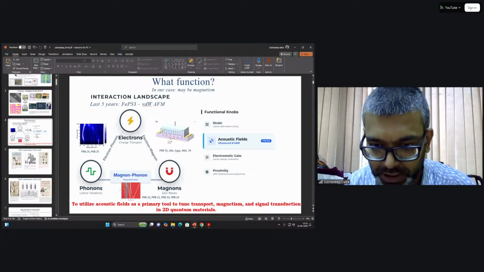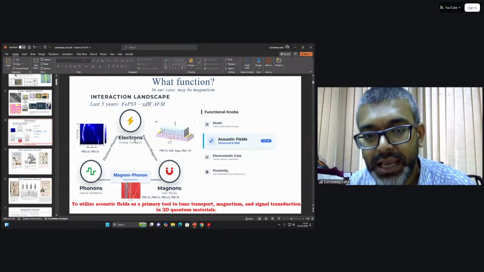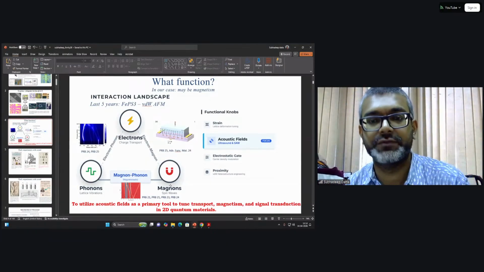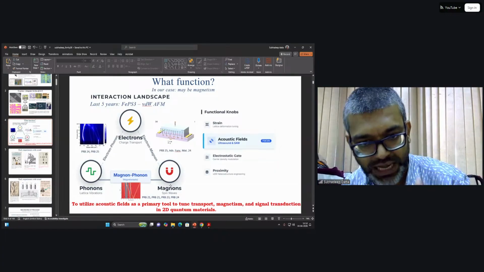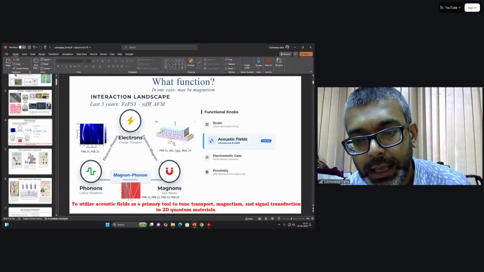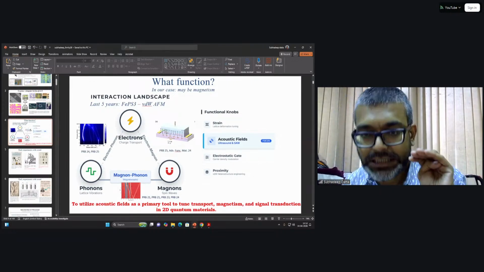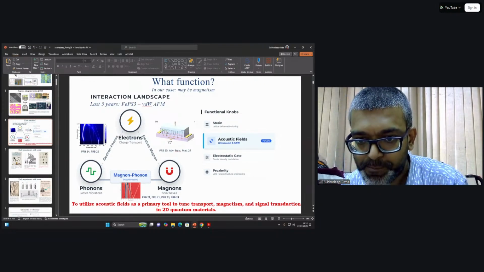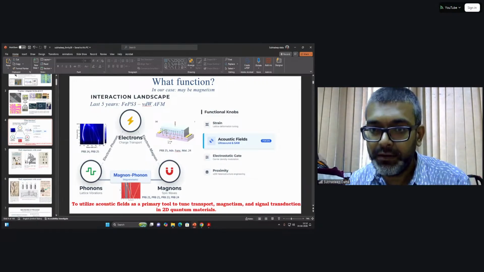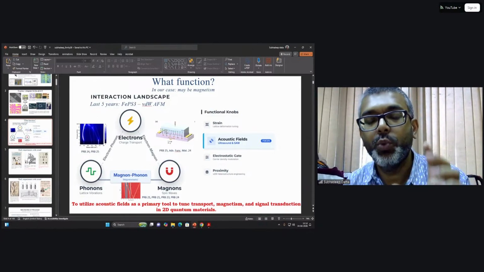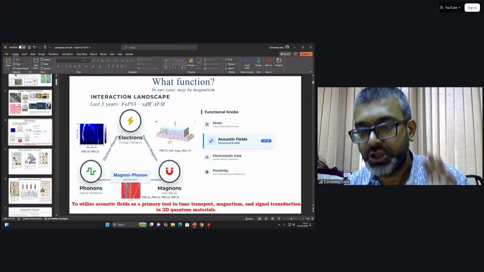From our measurement, I can tell you about electron magnon interaction, which at the end of the day is passing through a lattice. From this experiment, we have observed that if you perturb your lattice, then this perturbation will give you a measurable current.